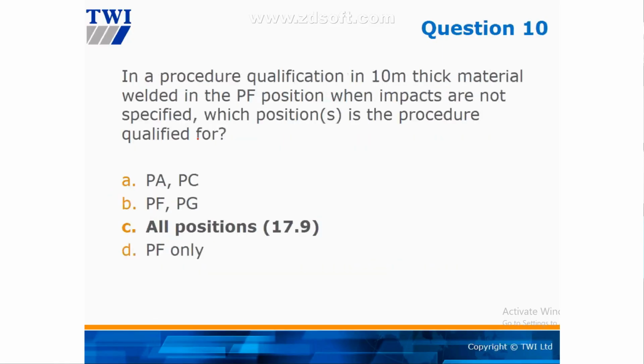All right, 10, last question. In the procedure qualification, 10 mm thickness material, weld PF position, when impact not specified. All right, look at 17.9.